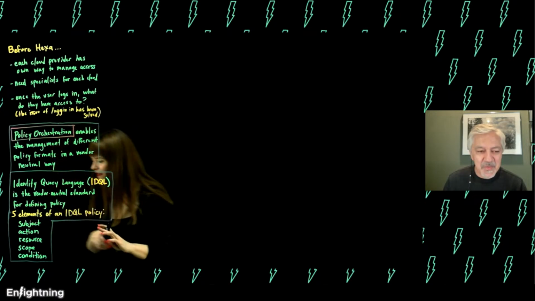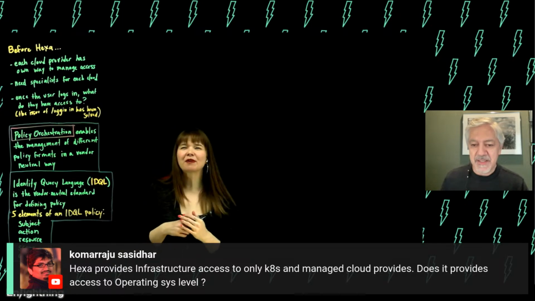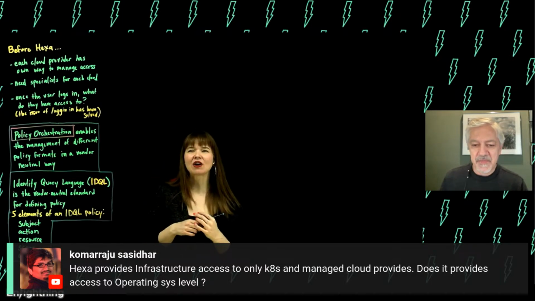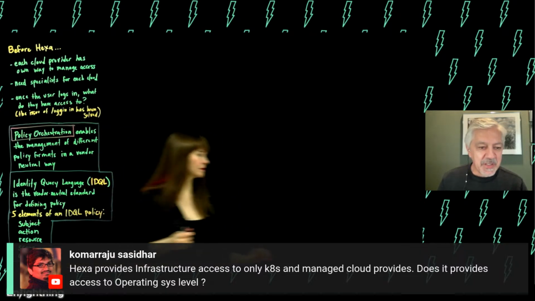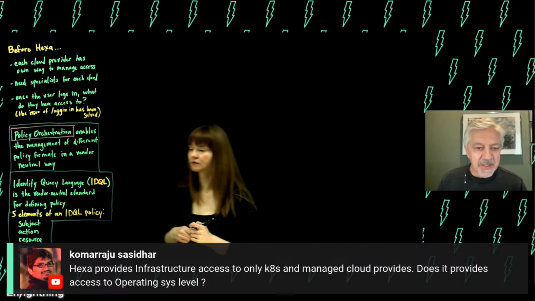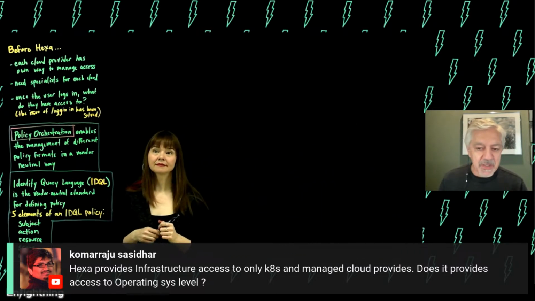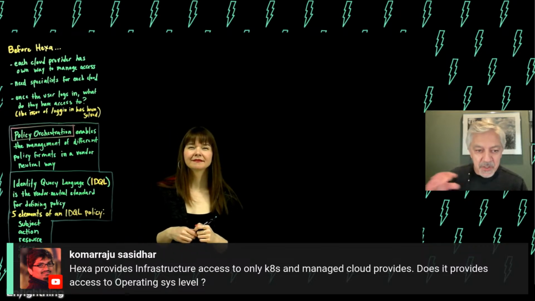Cool. So we have a question from Kormaju. Hexa provides infrastructure access to only Kubernetes and managed cloud providers. Does it provide access at the operating system level? So we do not do the operating system level, but we do go beyond just K8s or those kind of infrastructure layer.